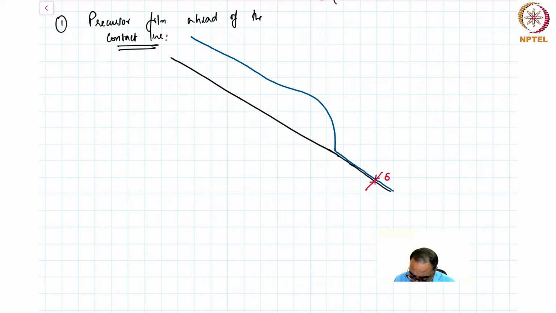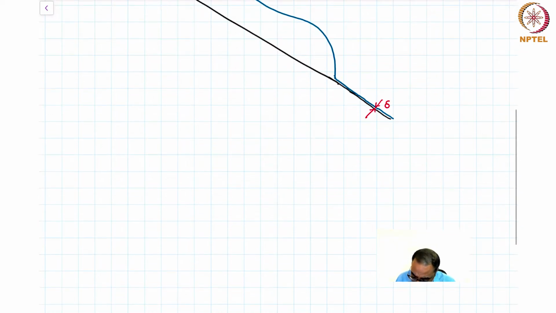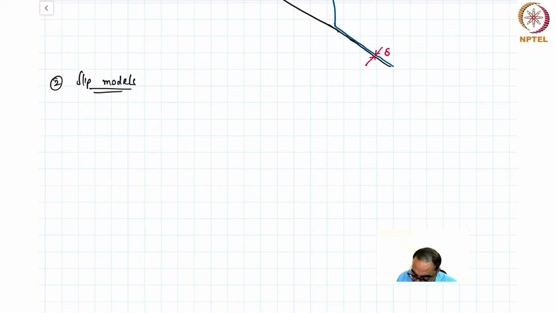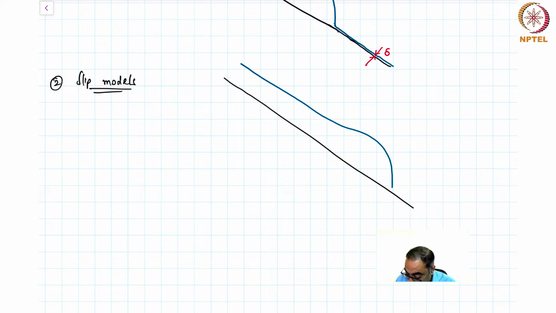Now the other approach, and I'll quickly go through the various approaches, is a slip model. There are a variety of slip models, but by and large the main feature of these slip models is as follows. Again, let me draw the same. You have a plate, and on this plate you have a contact line.